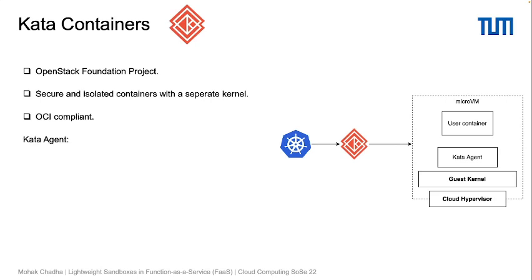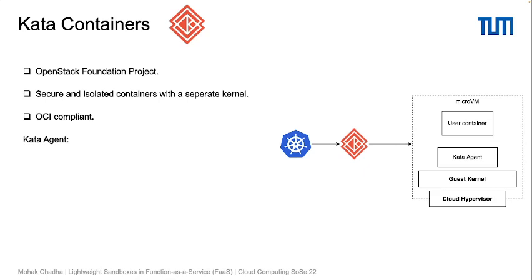So you have Kubernetes, the CRI, and then it contacts this Kata runtime, and then it launches all of these components for a particular user workload. So you have the cloud hypervisor, and then the guest kernel, which is running inside this micro VM, and a Kata agent, which is running in every pod, and then the user container.